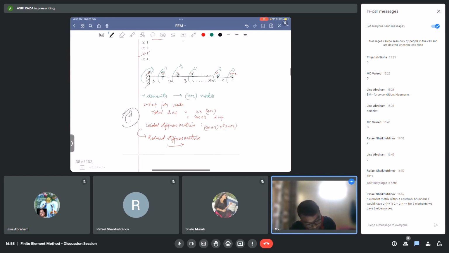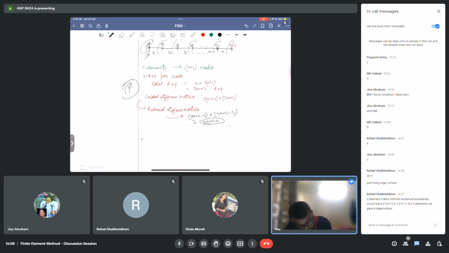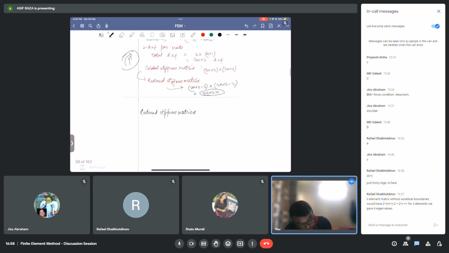So the reduced stiffness matrix will have a dimension of 2n plus 2 minus 2 by 2n plus 2 minus 2, that is 2n by 2n. This is the dimension of the reduced stiffness matrix, and it will have 2n eigenvalues, right?